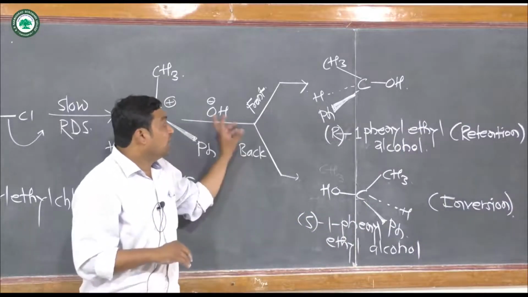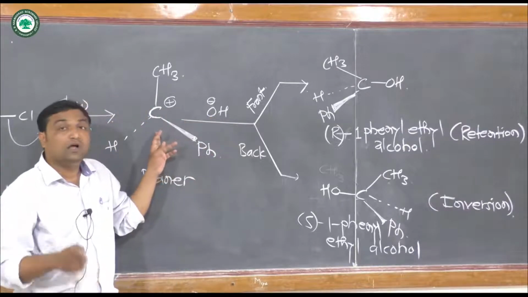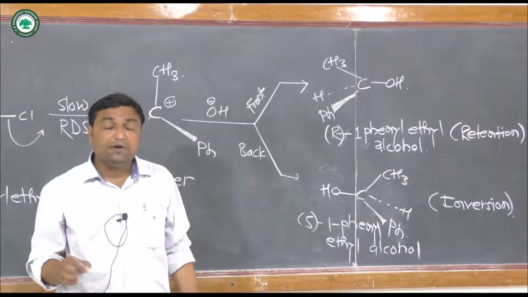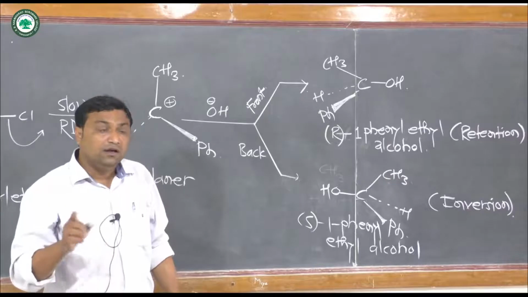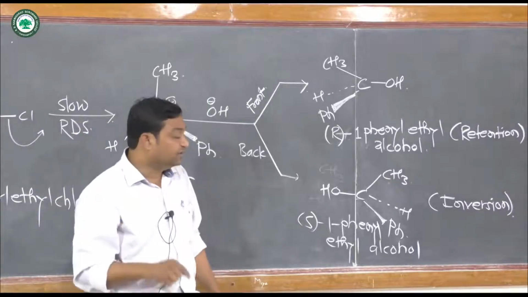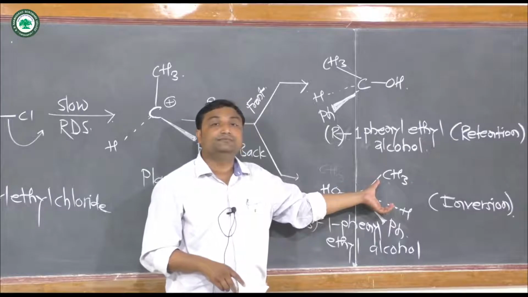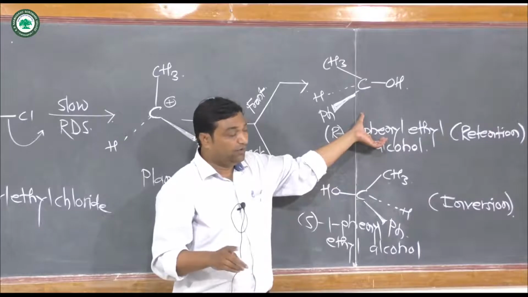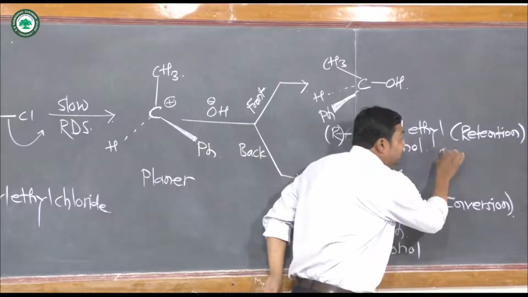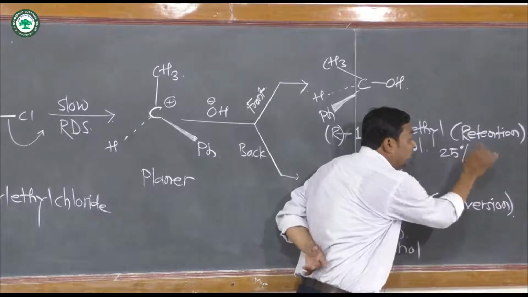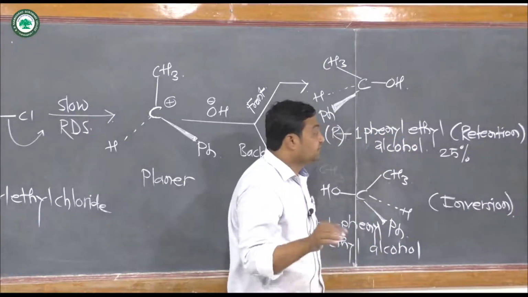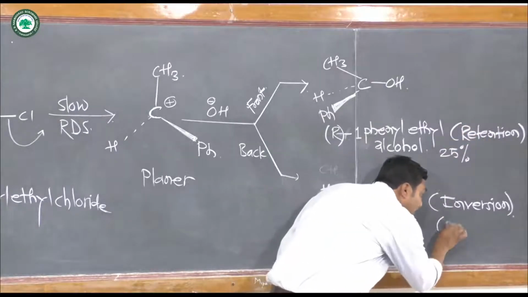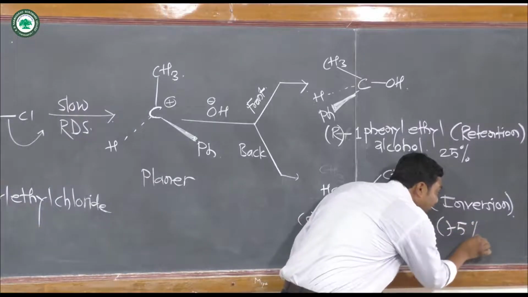When this reaction is carried out, of 100 molecules of product, 75 molecules have the inversion configuration and 25 molecules have the retention configuration. It means the product has 25% retention, whereas the product has 75% inversion.